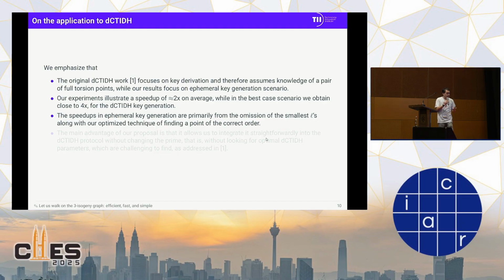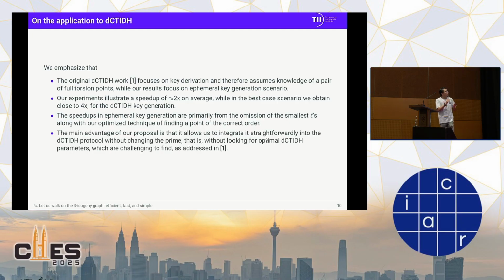With our results, we were able to just exclude the smallest li because this is the most problematic part of the protocol, in the sense that you need to find a point that, if you multiply by (p+1)/3, is not the point at infinity, and then you do the same for 5, 7, and so on. If you remove the 3, you have a better probability to get this full torsion point. Because of that, you start gaining the advantage of the results for the other 3 points.